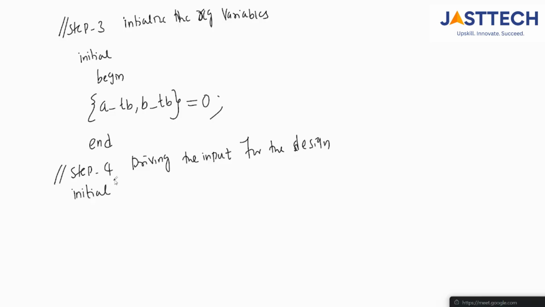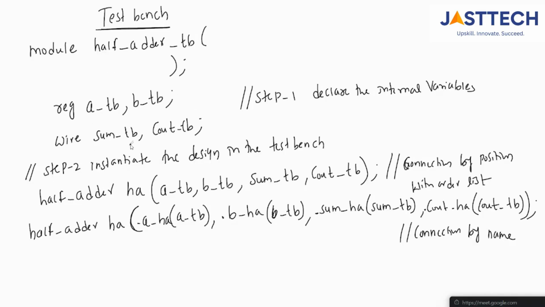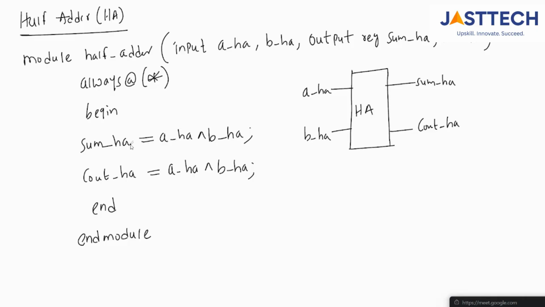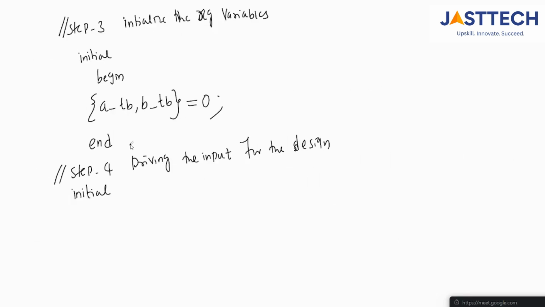That's why we are using initial in the test bench. When you are writing the design, you should not use initial. You should use always. Always is synthesizable. In the design I didn't use any initial, I used always only. You need to remember which are synthesizable constructs and which are non-synthesizable constructs.